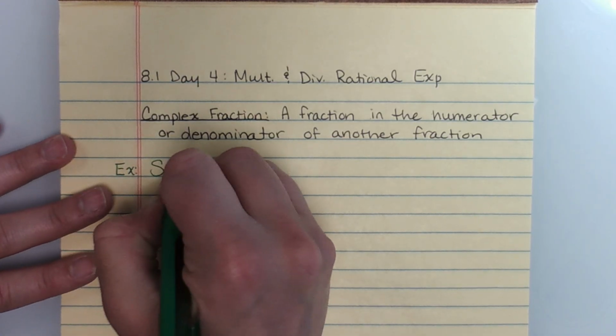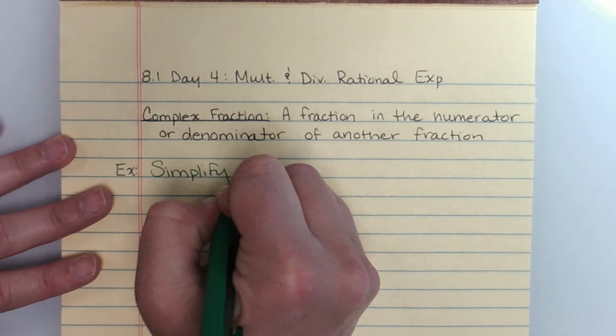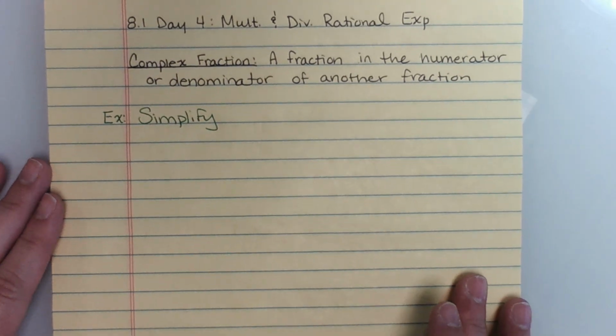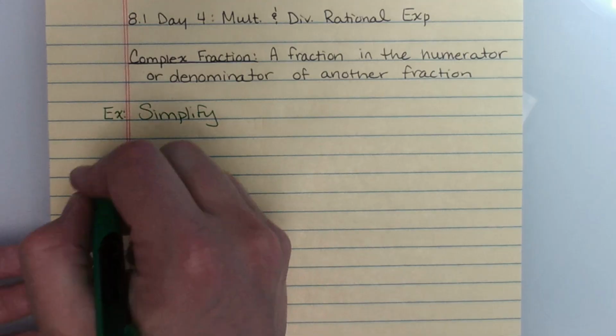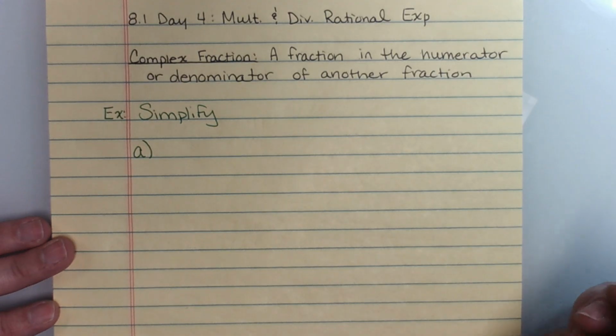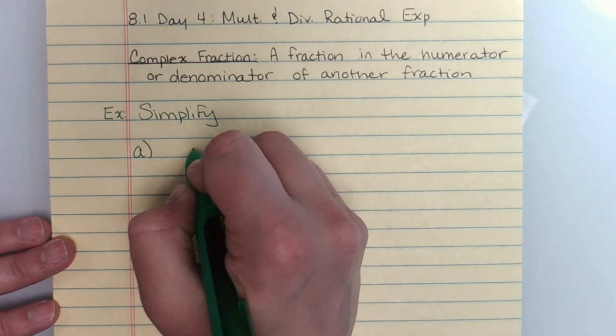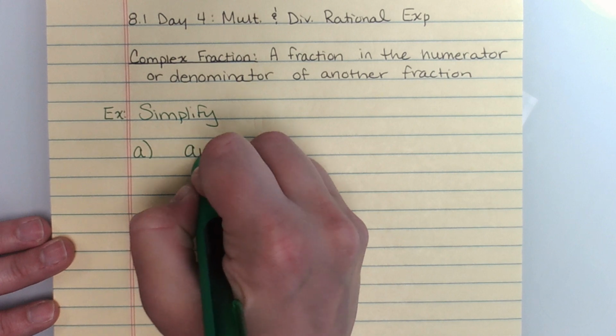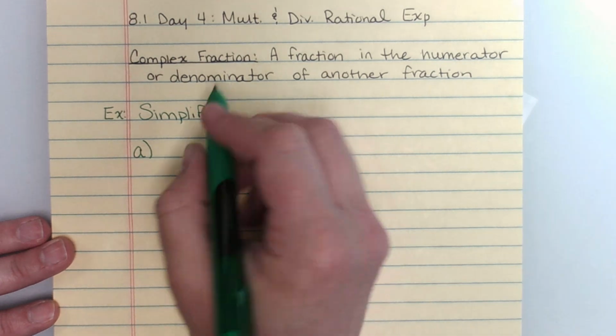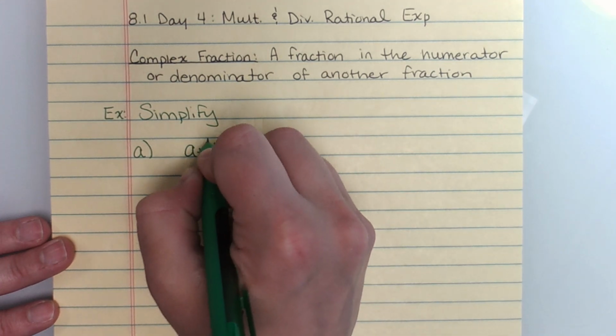Complex fractions look scary the first time you see them, because you'll all of a sudden have something that looks like this. Oops, that's supposed to be a B. Let's try that again.